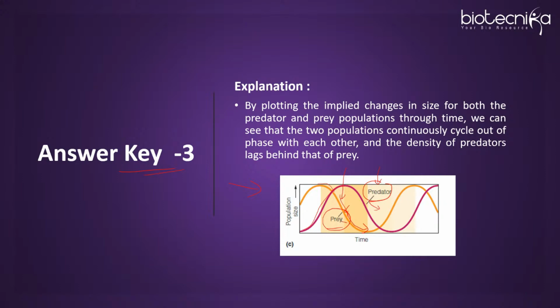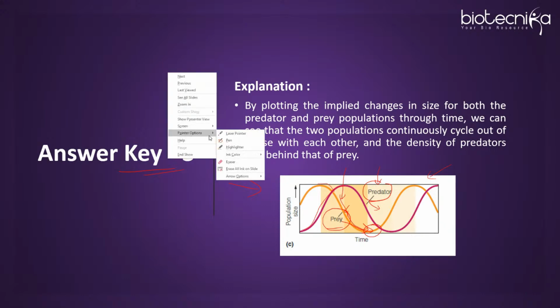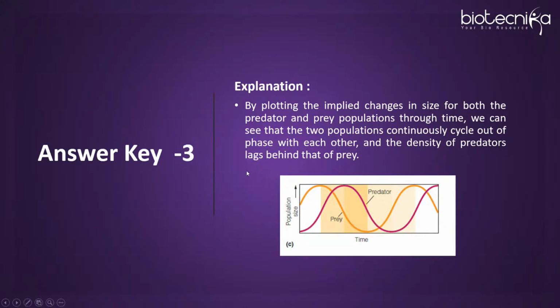Because the prey population has already reduced to significant levels. So this will keep on happening, right? So both of them will show an oscillation pattern. However, remember that the predator decline will lag behind the decline of the prey population, right? So I hope this explanation is helpful to understand these graphs.